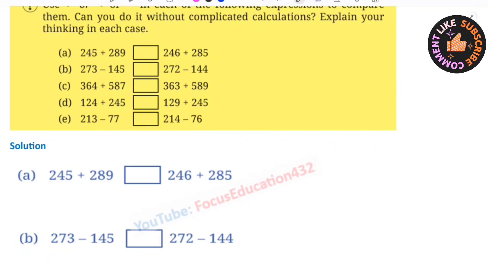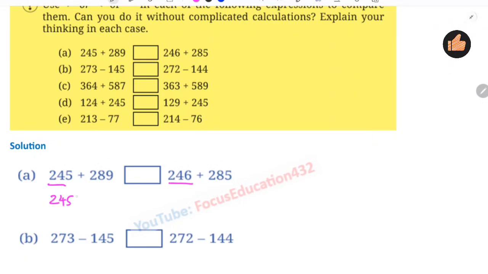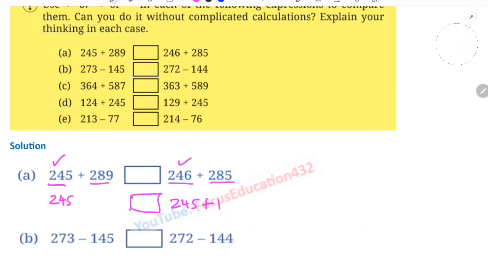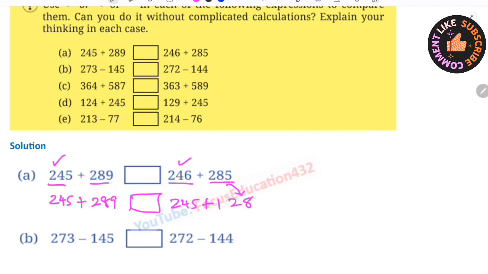How that can be done, I will write here as an example. See here, 245 and 246. 246 can be written as 245 plus 1, right? First check these two. Then 289 and 285, these are near. 289 you can write as 285 plus 4.